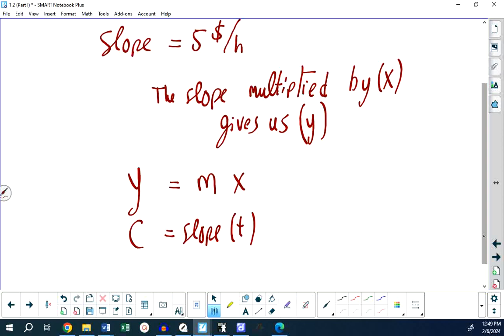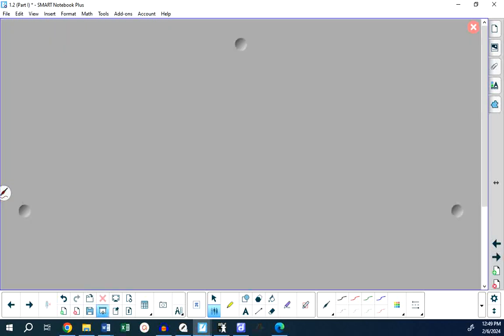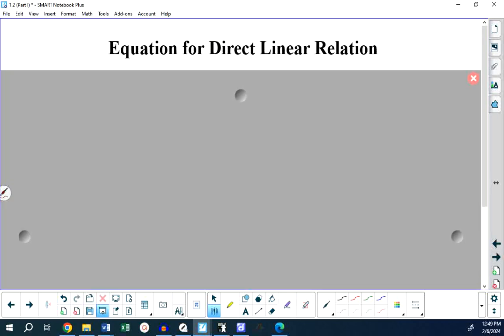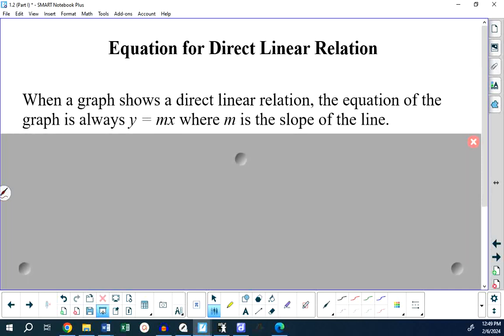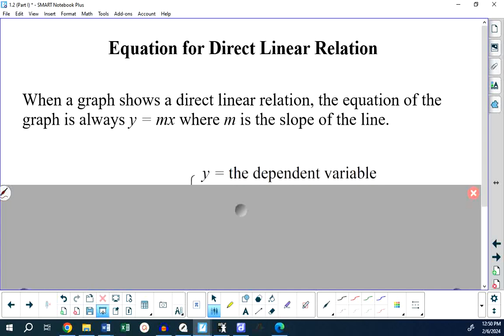And this is what's at the bottom of your page here. Let me cover this up and go through it piece by piece with you. This is an equation for direct linear relations. When a graph shows a direct linear relation, the equation of the graph is always y equals mx. M is the slope. The equation is always y equals the slope times x. Y is the dependent variable.